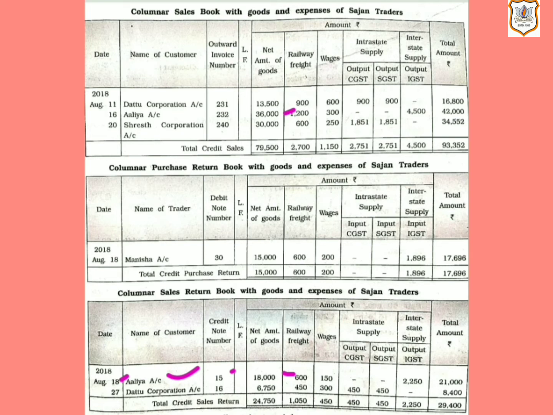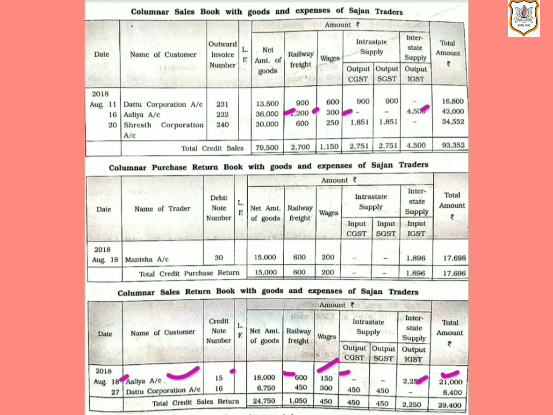So, as only half amount of goods have been returned, according to that proportion, each and every expense will be shown at its half value. So, railway freight will be shown at rupees 600, that is half of 1200. Then wages will be shown at rupees 150, that is half of 300. And output IGST will be shown at rupees 2250, that is half of 4500. And total amount will be shown at rupees 21,000.